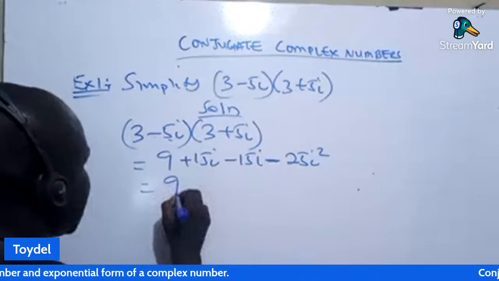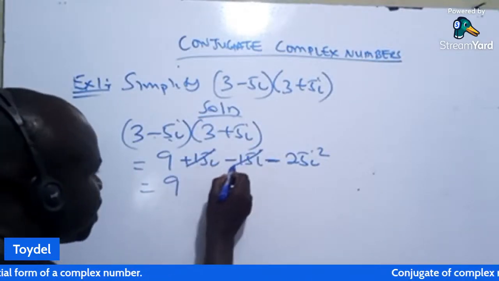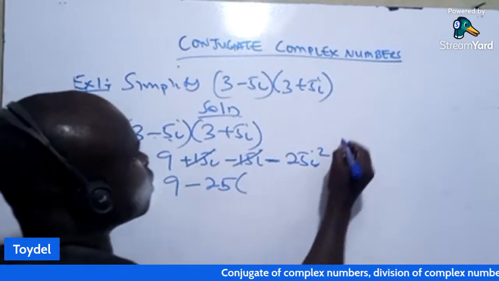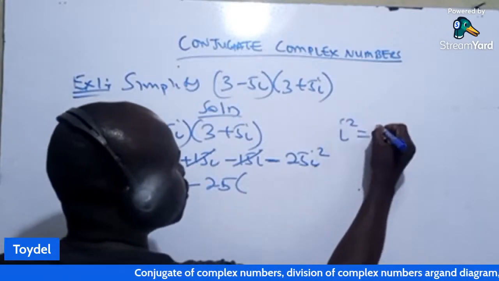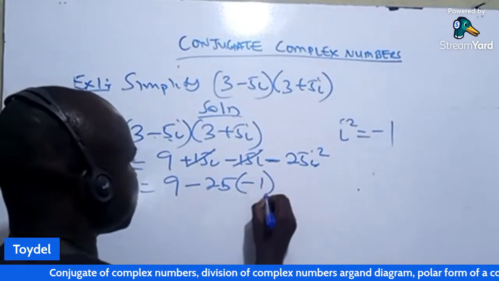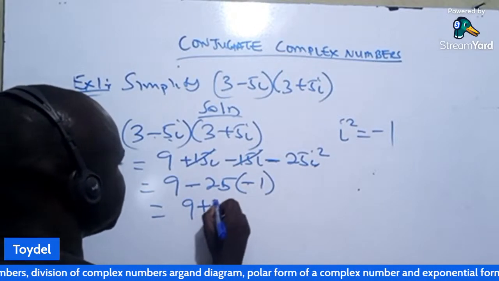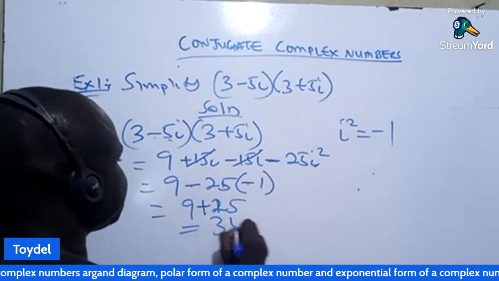So here we are going to have 9. 15i will take care of minus 15i. We have minus 25 into brackets. We note that i squared is equal to minus 1. So that will be minus 1. Then I'm going to have 9 minus times minus plus 25, and that gives 34.